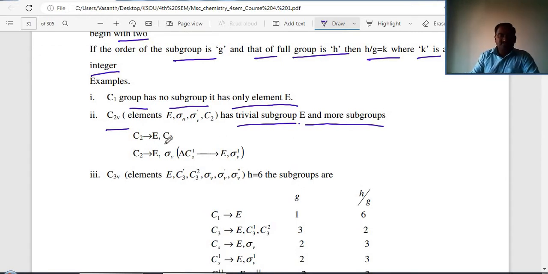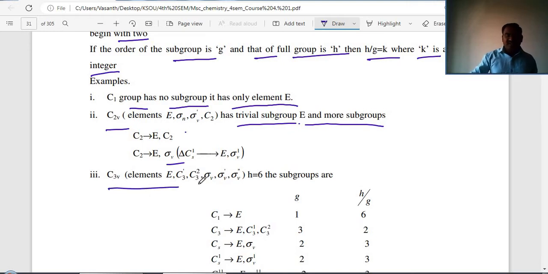Here C2 is equal to E into C2, then E into sigma V, and E into sigma V dash gives identity into sigma V dash.